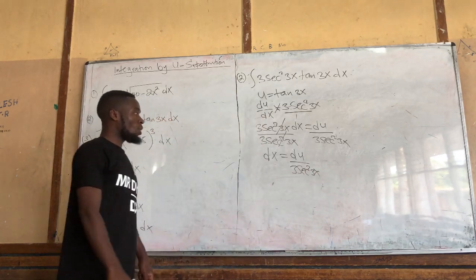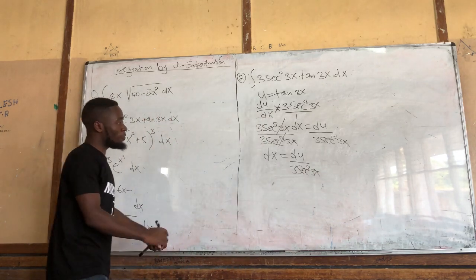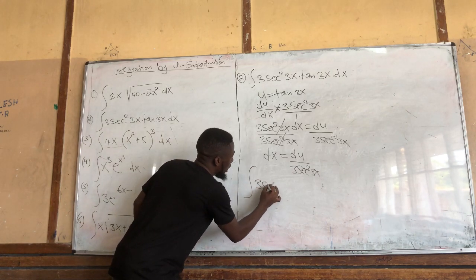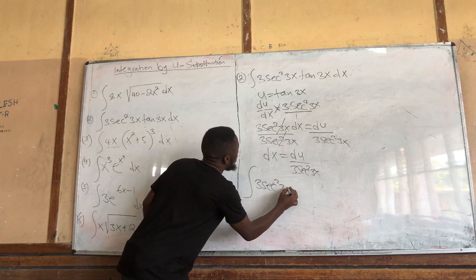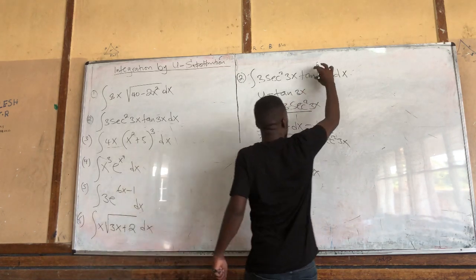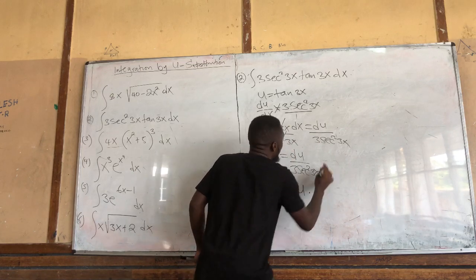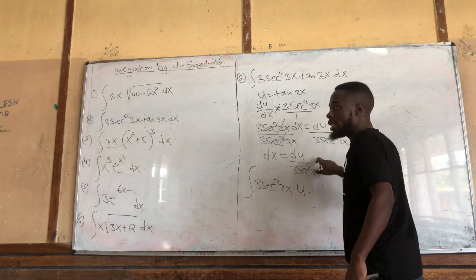So now, just a matter of replacing. So we have the integral of 3 sec squared 3x. And now we know that tan 3x is u. So we put u here. Then multiply by what? dx. What is the value for dx? It is this one here.